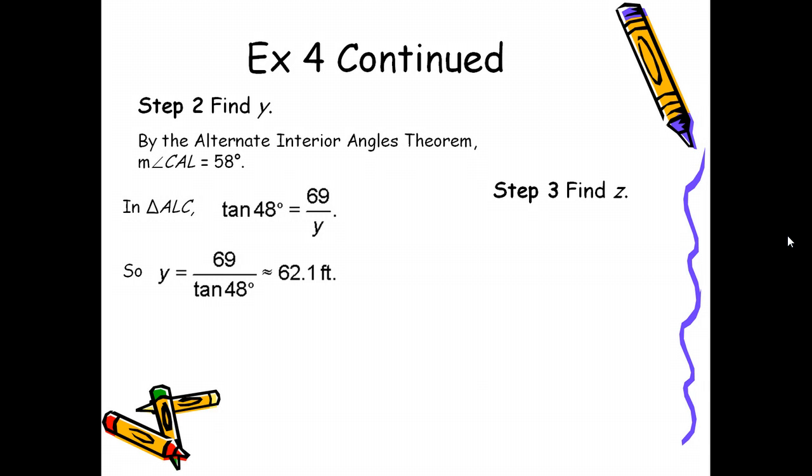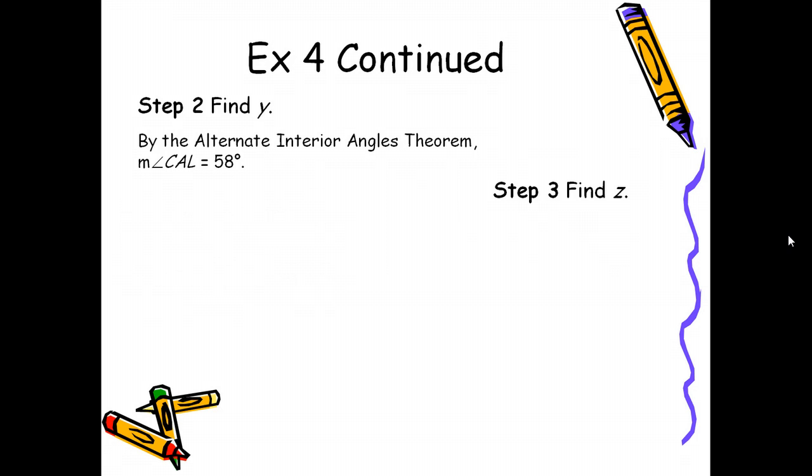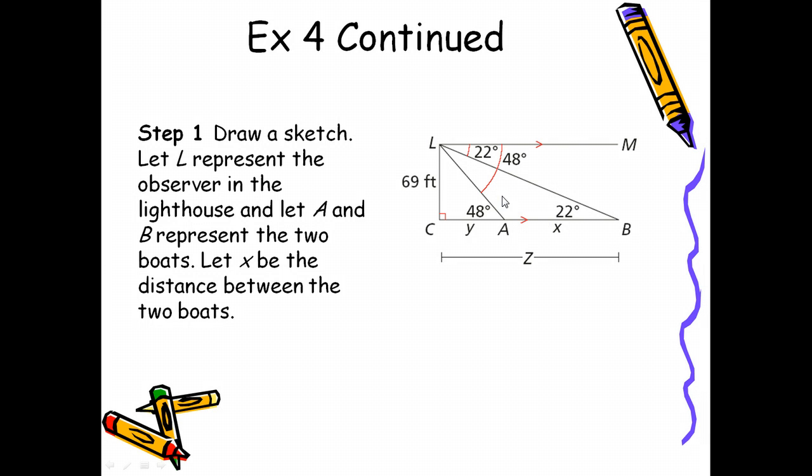So y equals 69 divided by the tangent of 48 degrees, which is about 62.1 feet. Then we want to find z, that whole side there, so that we can find x. And the reason we have to do this is because, as you see, this is not a right triangle. We can't just use a trig function to find x, because this is not a 90-degree angle. This is.